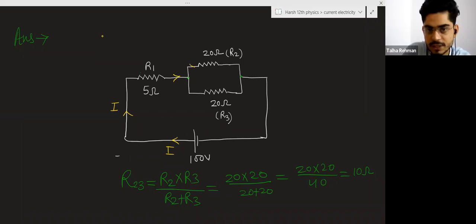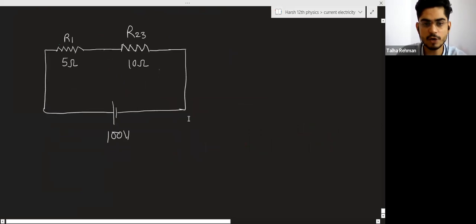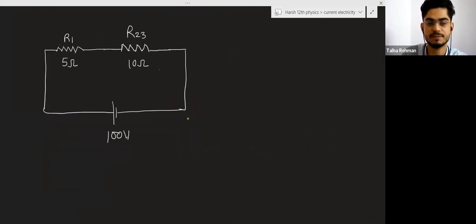In this branch there will be a current I3, in this branch a current I2. I am just giving you the idea. And this 100 volt will be divided between the 5 ohm and the equivalent of this. Now we have this circuit.